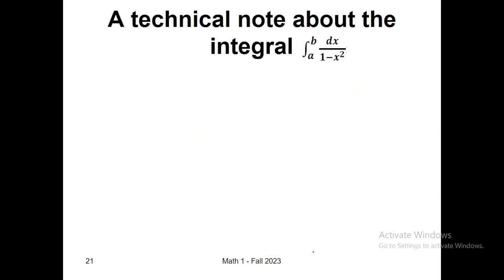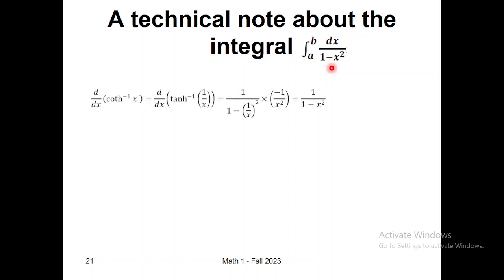The last example is a technical note about the integration of this function. Actually, as we described in the indefinite integration problem, the integration of 1 over 1 plus x squared as an indefinite integration problem is given by tangent inverse x plus c.